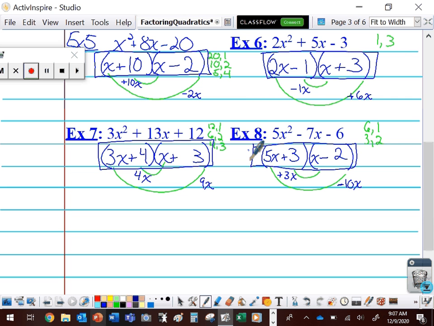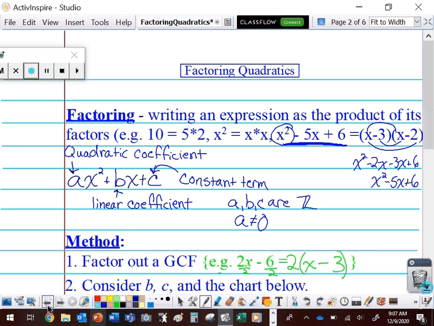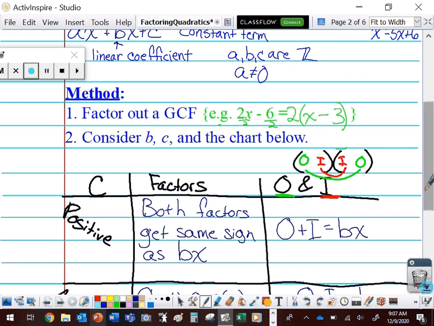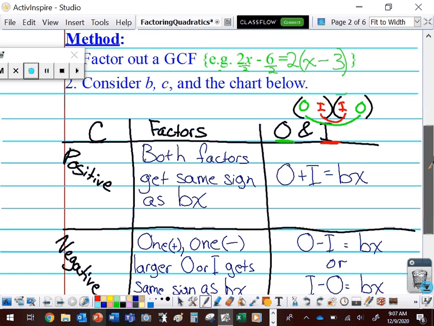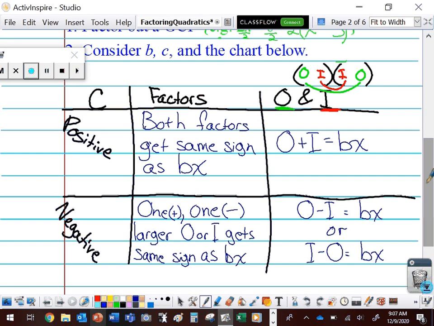So when we factor, guys, the first thing that we always try to do, if we can, is bring out a GCF. A GCF is a value that multiplies every term in the expression. Once we have that GCF removed, we're going to look at the C term.